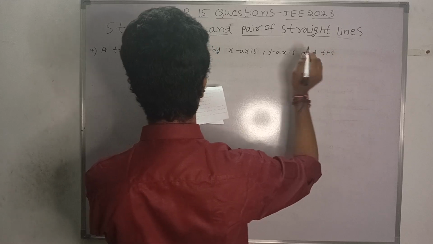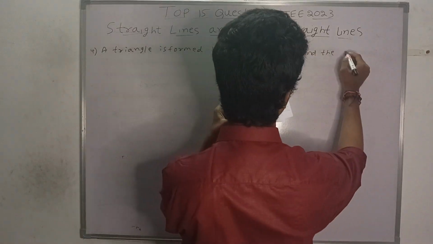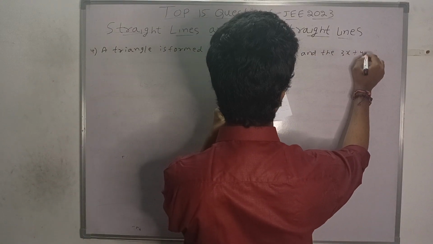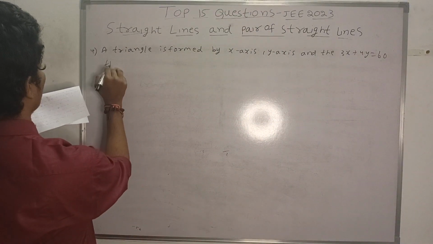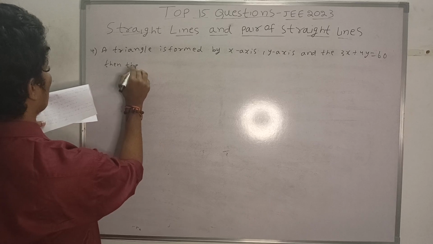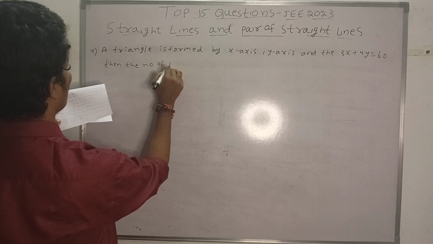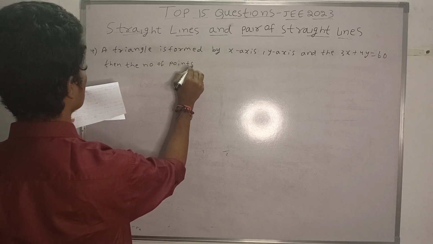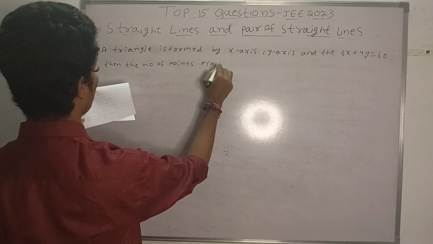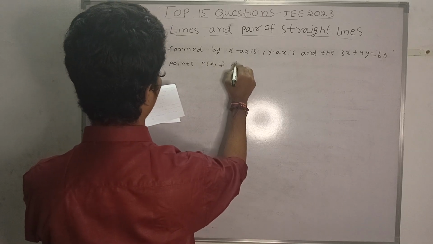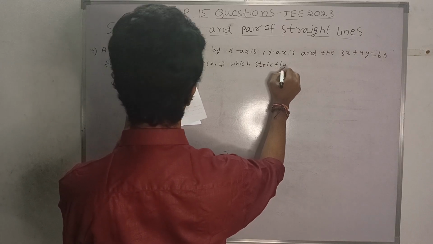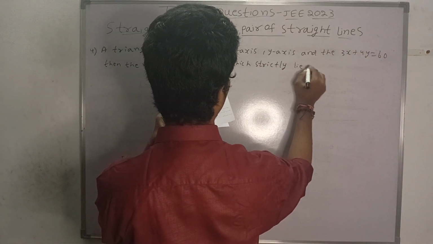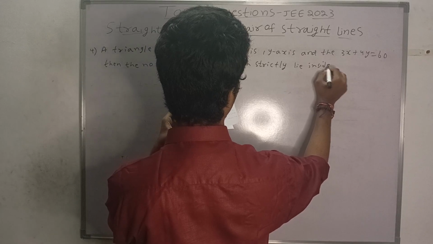A triangle is formed by the x-axis, y-axis and the line 3x plus 4y equal to 60. Then the number of points P(A, B) which strictly lie inside the triangle.